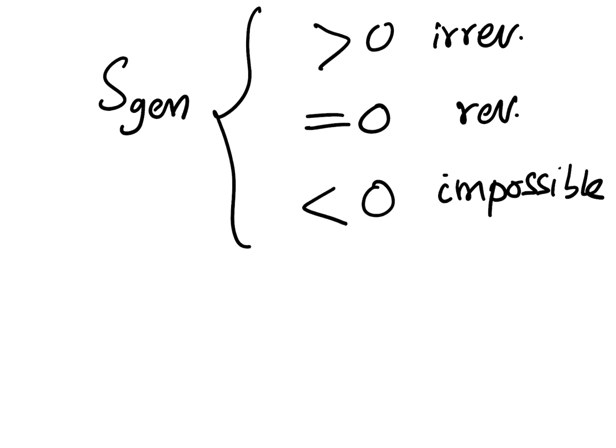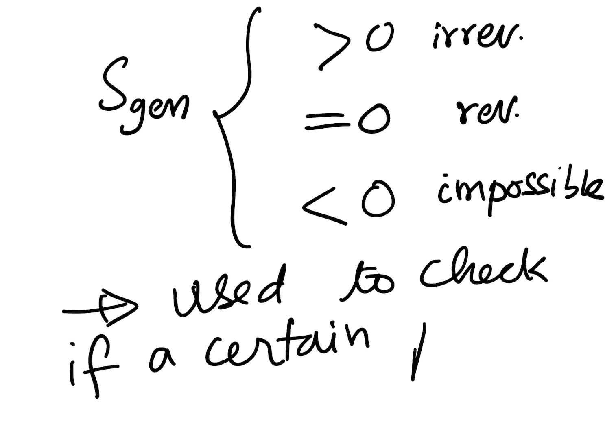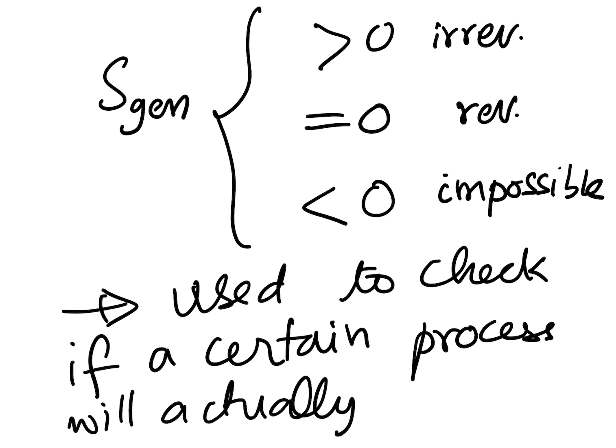So this principle is used to check if a certain process will actually take place. Why do I say that?